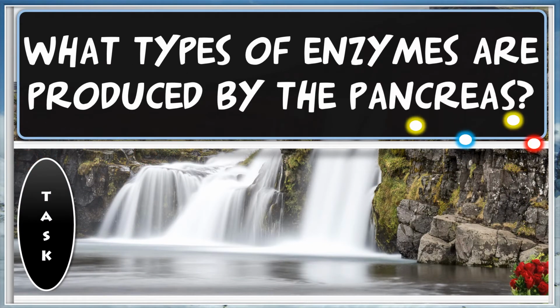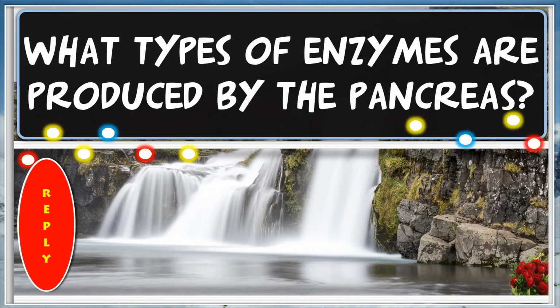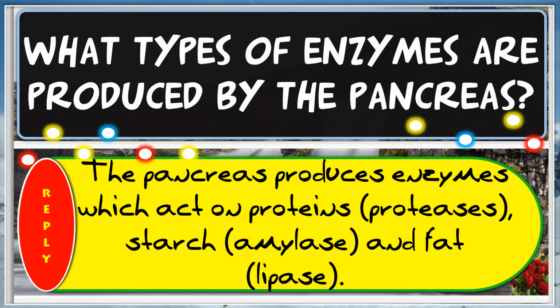What types of enzymes are produced by the pancreas? The pancreas produces enzymes which act on proteins, proteases, starch, amylase, and fat, lipase.